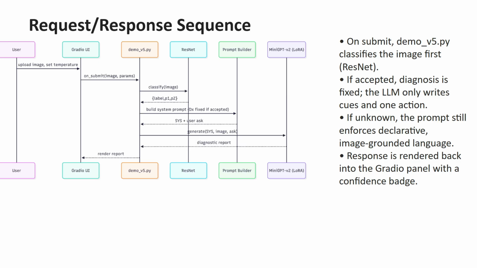On submit, the UI calls on submit, and it saves a temporary image, then calls the resnet.classify function. This is where it returns a label, P1, P2 confidence ratings using 2-view TTA and a temperature-calibrated softmax. In this demo, top 1 is accepted as the diagnosis.